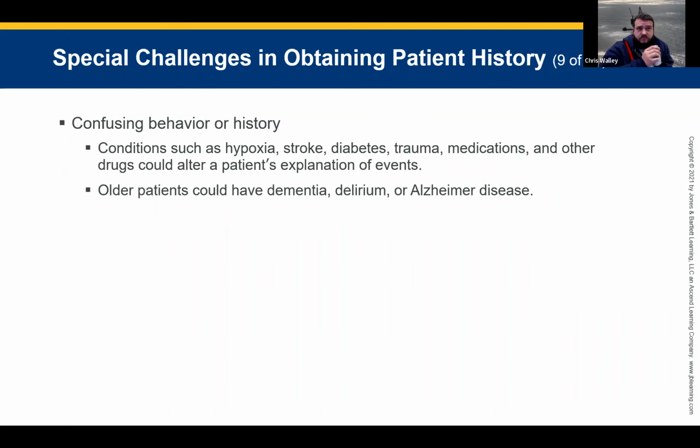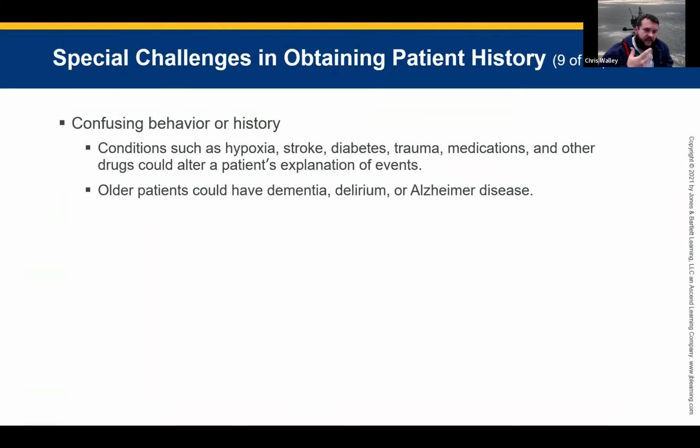Their memory may not be there. Diabetes, maybe they are unable to tell you what's going on. Same thing with trauma. If they've taken too much medication, or they took an illicit drug, they just may be like, dude, like 3 days ago, I smoked that. It's still in your hand, bro.